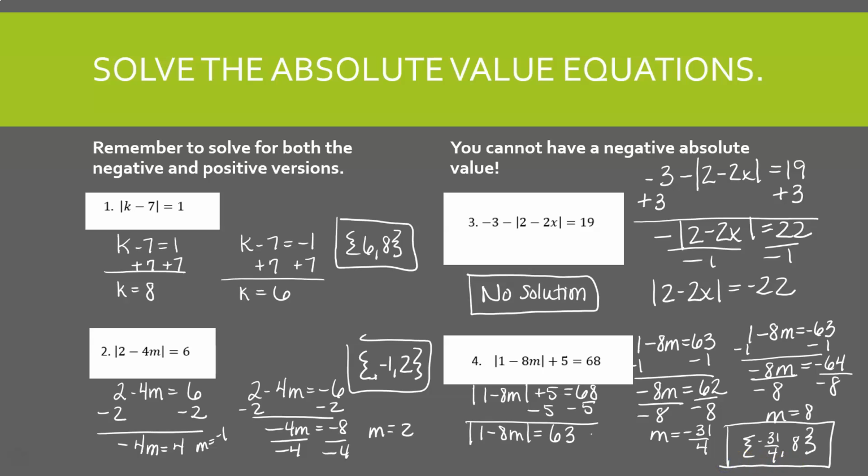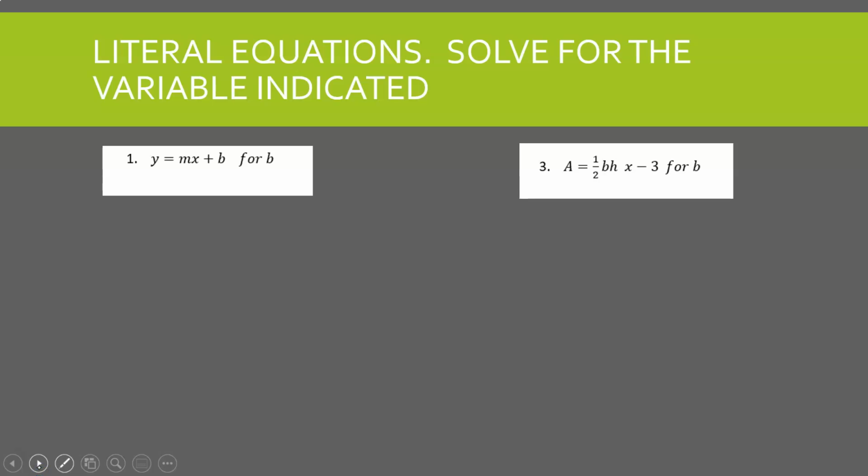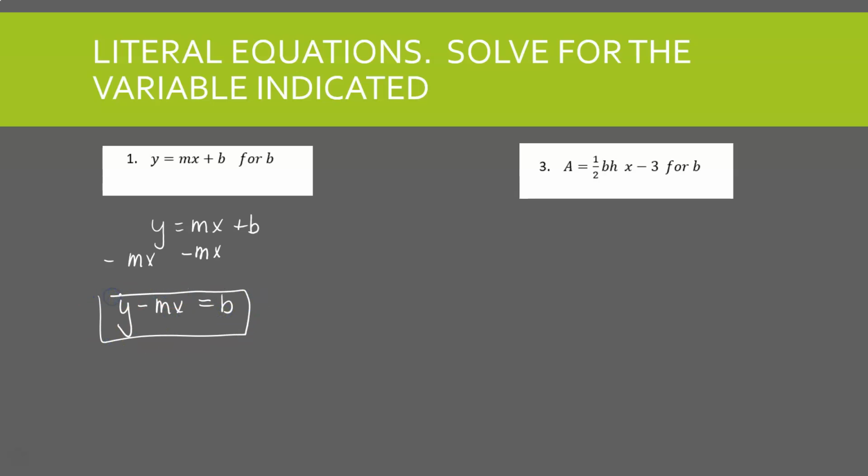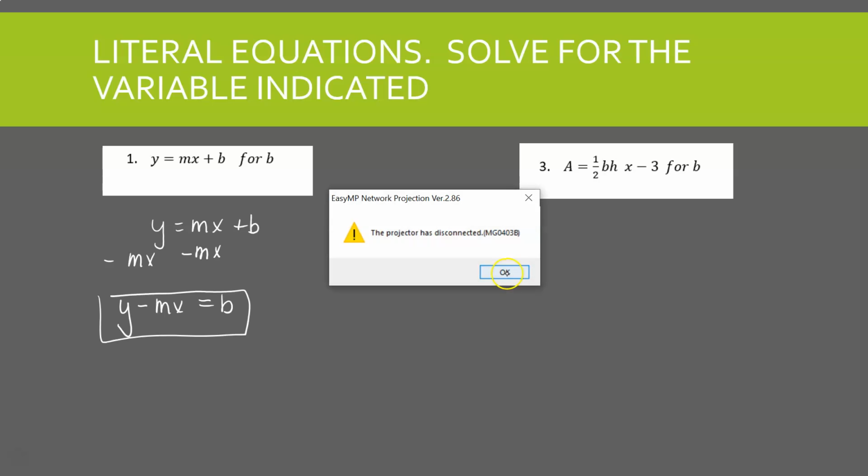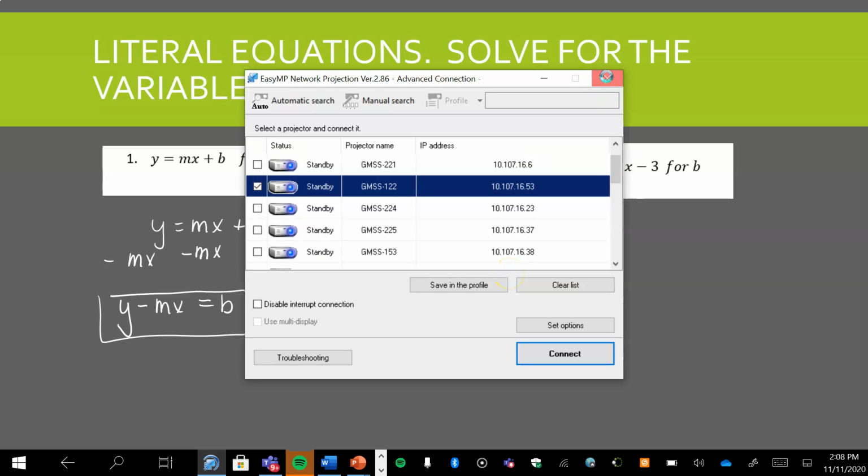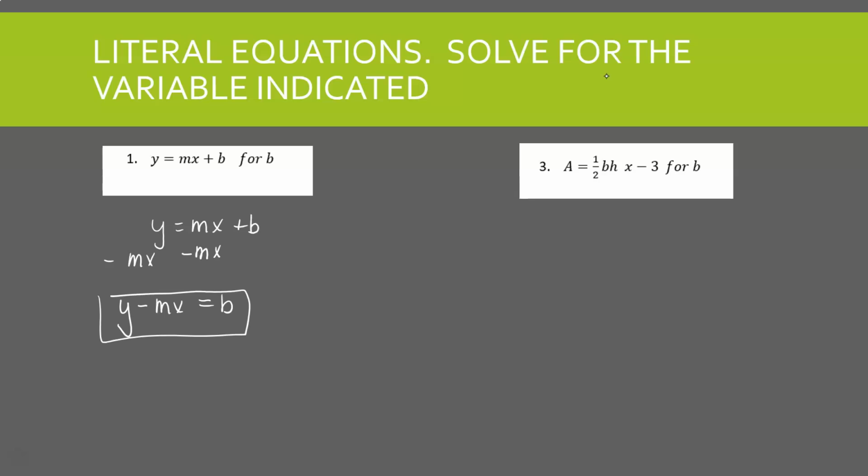All right. Let's move on to the literal equations. So number 1 says y equals mx plus b. Solve for b. That means get b alone. So I'm going to subtract this mx from both sides. So I have y minus mx, and b is alone. Simple. The next one says A equals 1/2 bhx minus 3, solve for b.